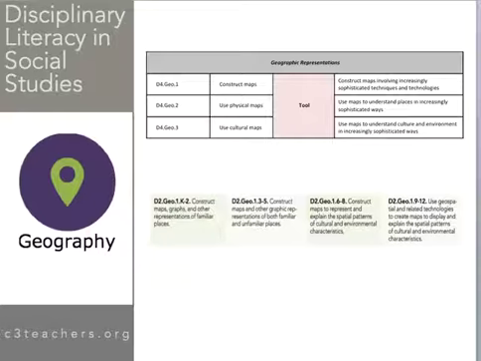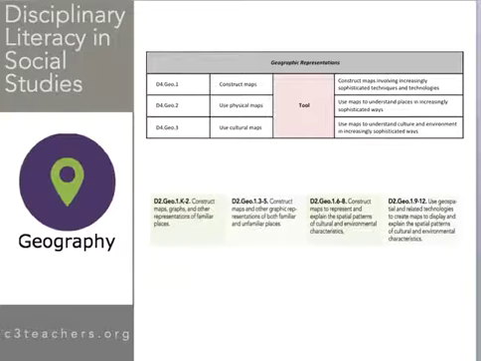As you can see, in the earliest grades, students are expected to just make maps of places they know. So you see the indicator pathway in the middle of the screen. And at the K-2 level, for the first indicator on constructing maps, students are expected to construct maps, graphs, and other representations of familiar places.